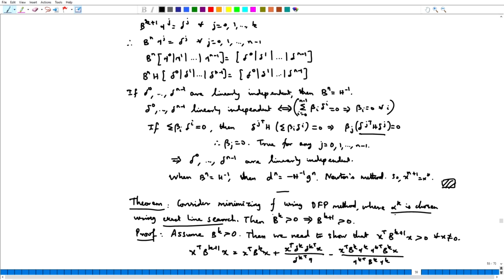Note that we are minimizing a general f, which need not be a quadratic function. In case we can construct an exact line search for f, it is good to use that for the DFP method.